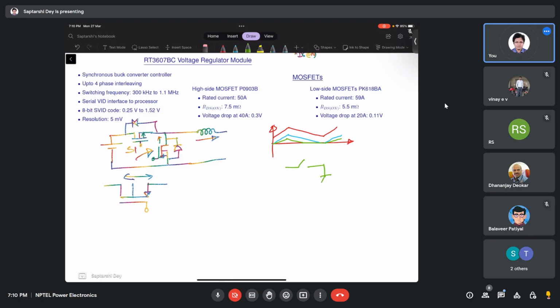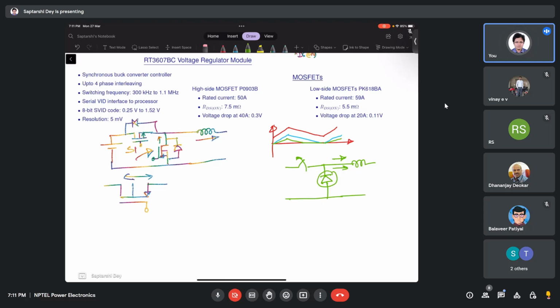Because this is a regular buck converter, the current is like this. When this switch is opened, this current drops to 0. It was flowing in this way, drops to 0, and then stays at 0 because there is a diode here.